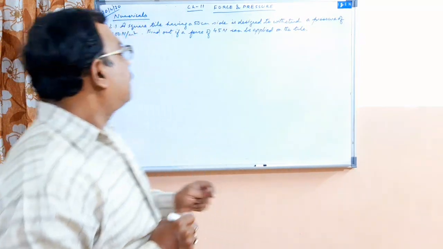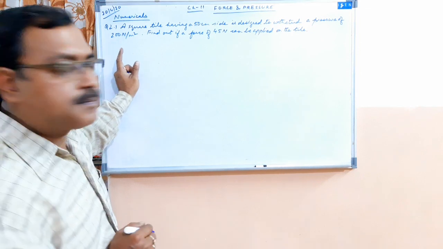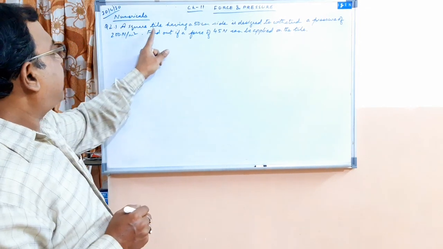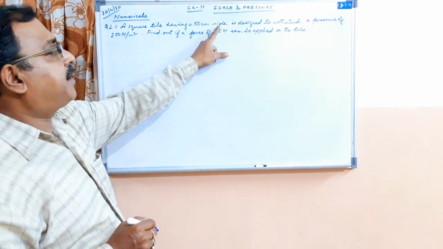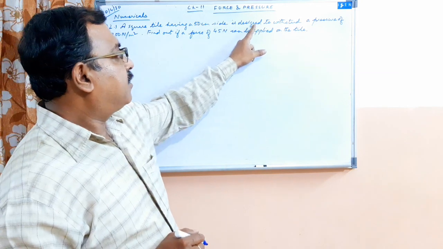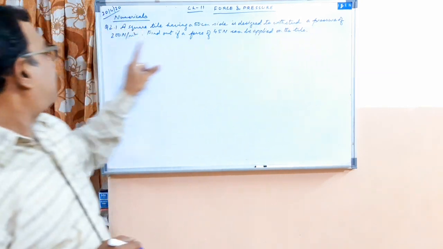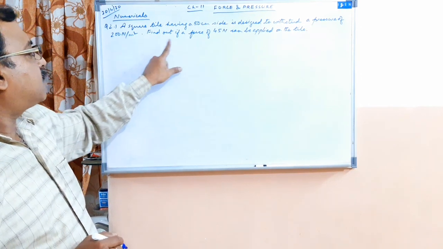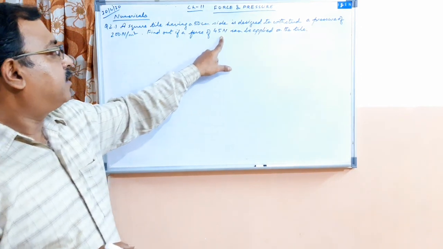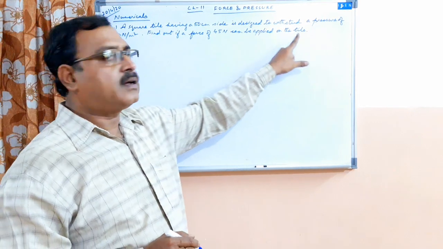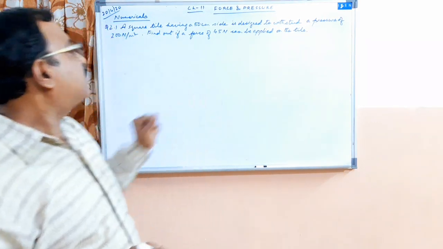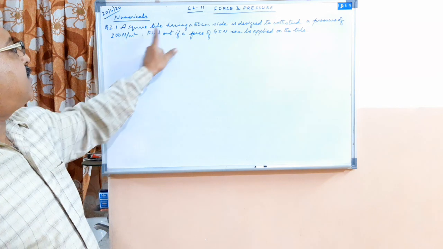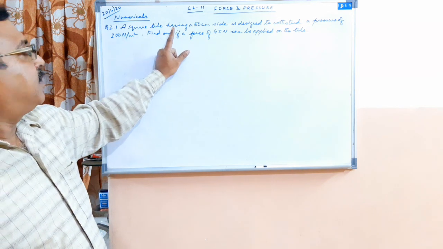Okay students, now here is your second question. A square tile having a 50 centimeter side is designed to withstand a pressure of 200 Newton per meter square. Find out if a force of 45 Newton can be applied on the tile. So here what is given? The side of the square tile is given.